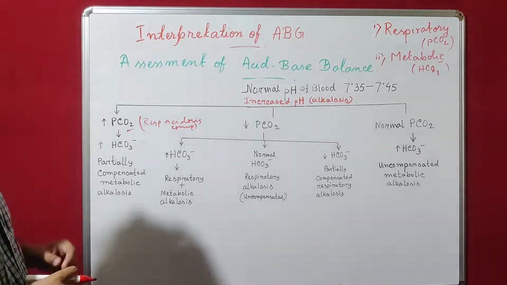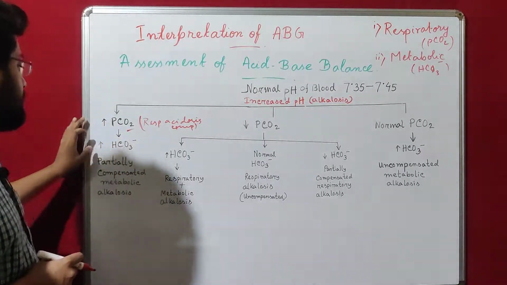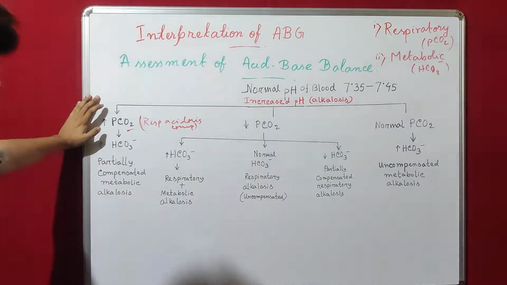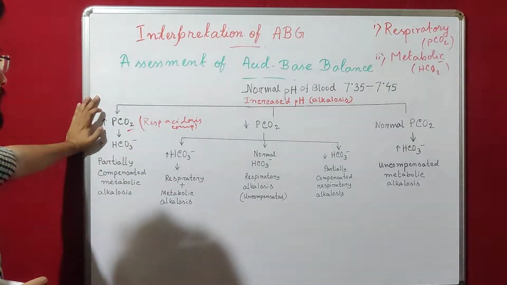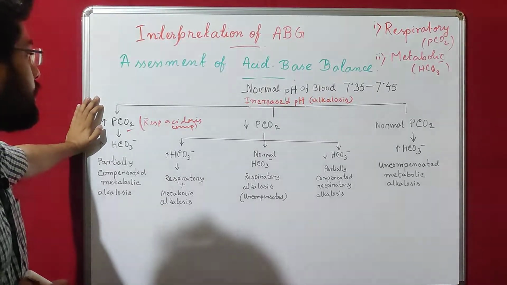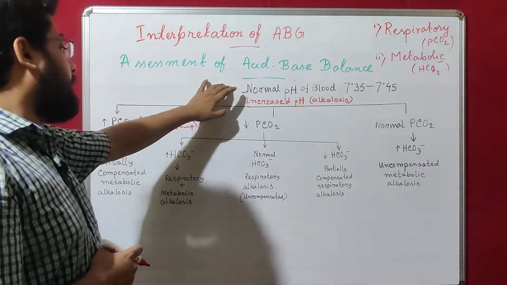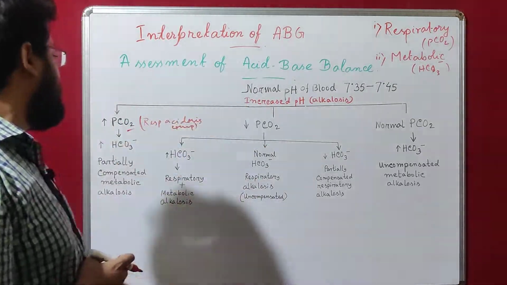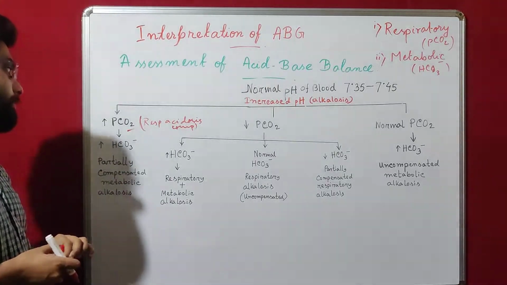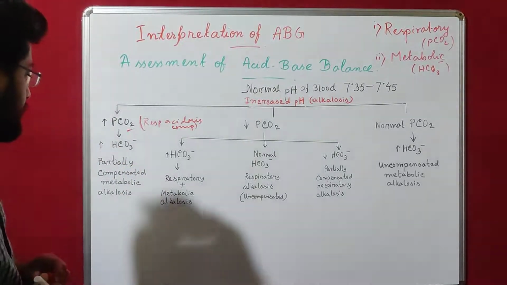Then we have to look at the bicarbonate ion, because if simply the PCO2 level is high, then the blood pH should be decreased, but here blood pH is increased, so obviously there is some metabolic cause of alkalosis present.